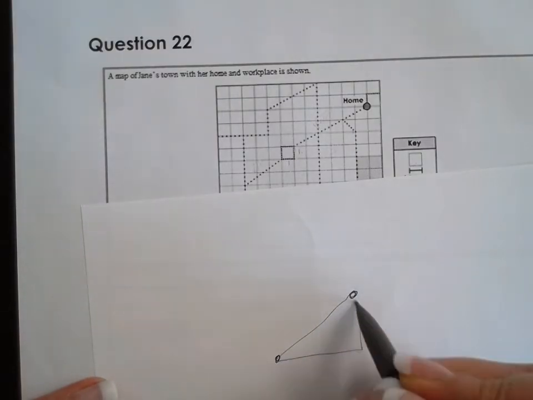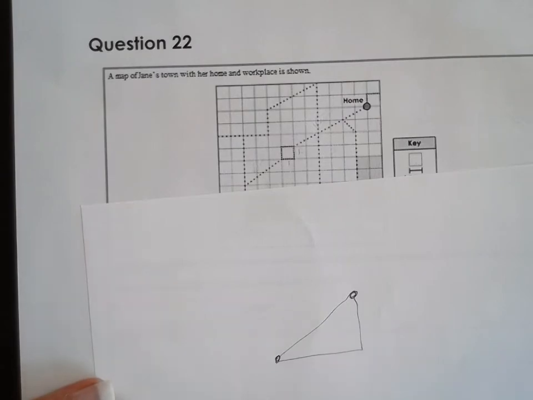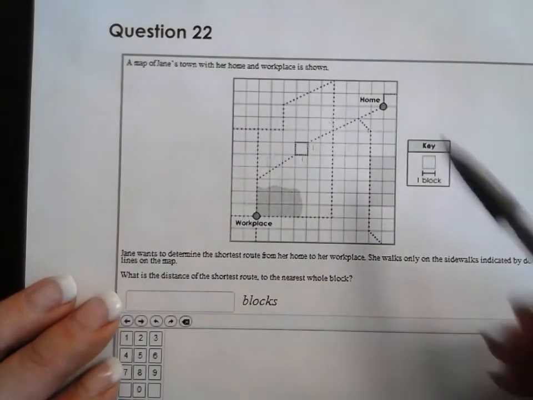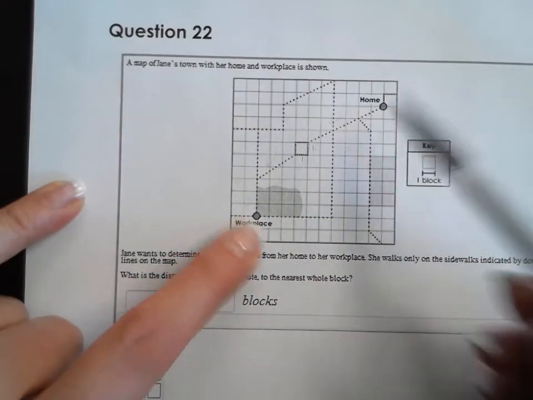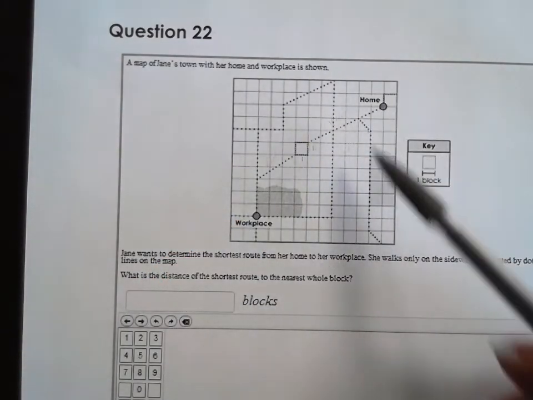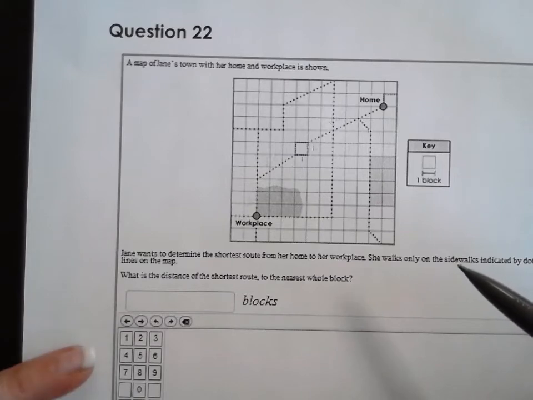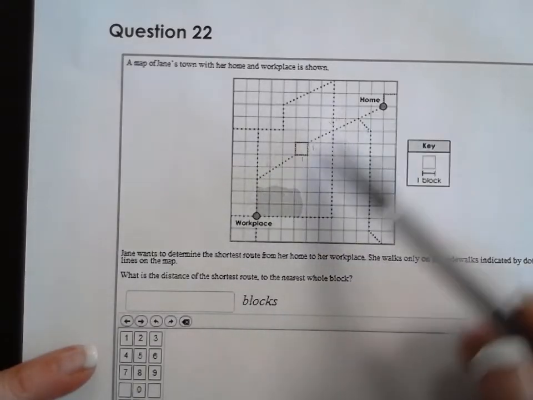It's not going to be shorter to go that way. So between workplace and home, walking only on the dotted lines, what do you think is going to be the shortest way? The diagonal, right?